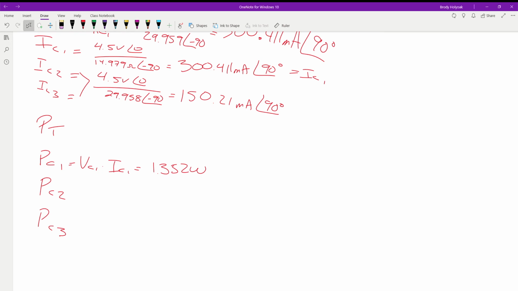Okay, Morgan, which one do you want to solve for? C2? Oh, yeah, I guess. Yeah, C1's already been solved. Okay, so C2, do you do the 9 volts or the 4.5? You do the voltage of that capacitor.